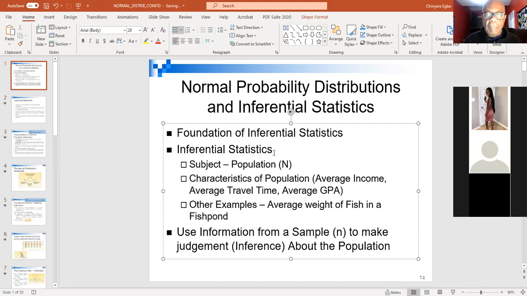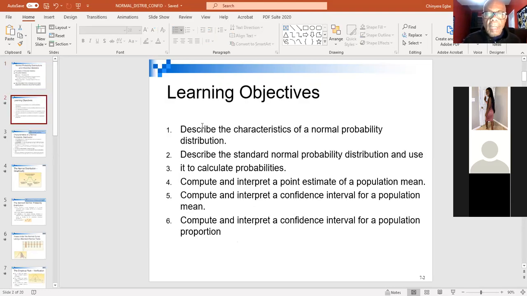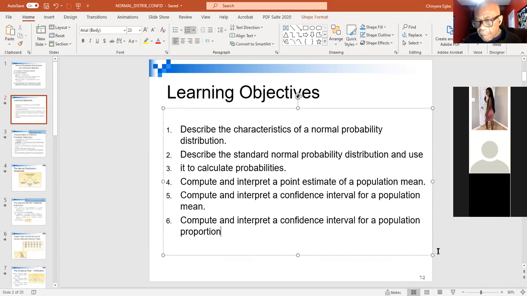We're going to do nothing but inferential statistics. Of course, we begin to do inferential statistics by, first of all, getting to understand descriptive statistics. So the learning objectives for this class are pretty easy.